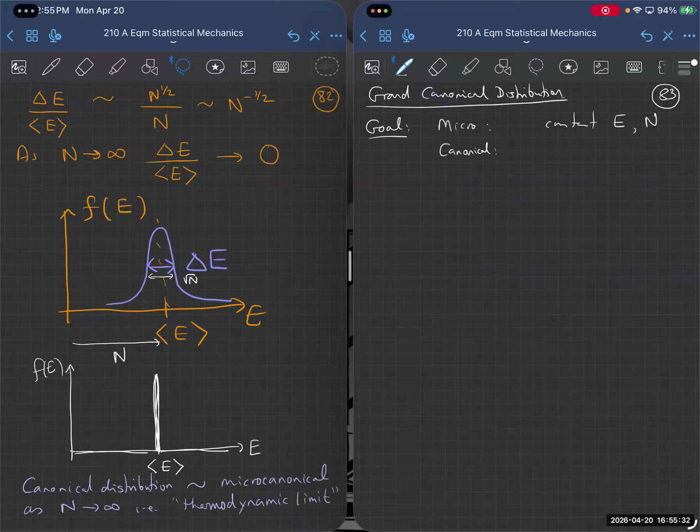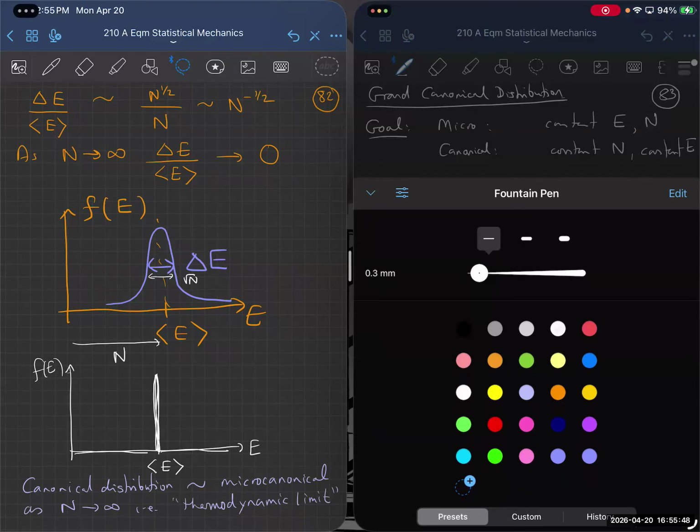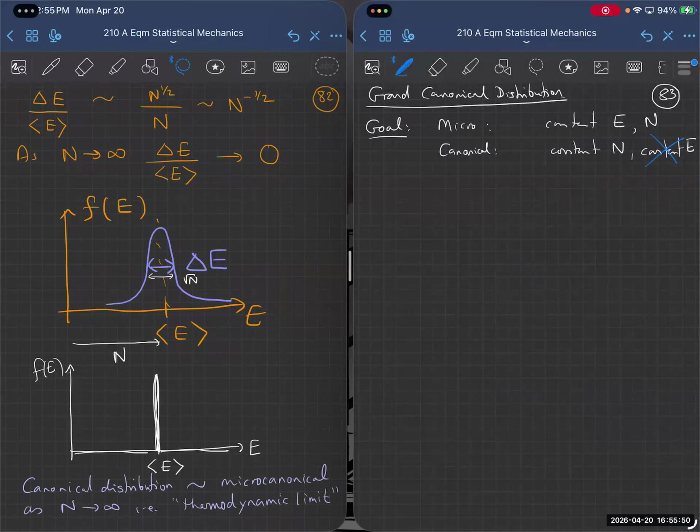And so what we said is, well, constant energy, we don't really need that, so we'll drop the constant energy. If we threw that away, that meant we'd have constant temperature. So that's what we did.